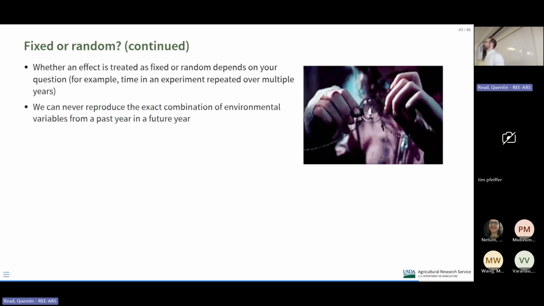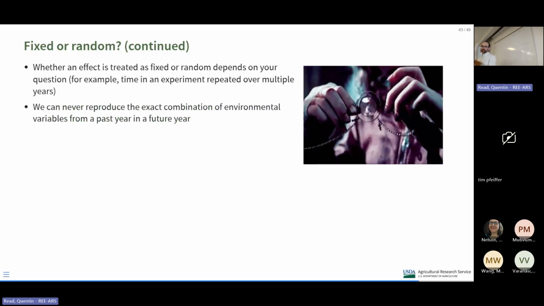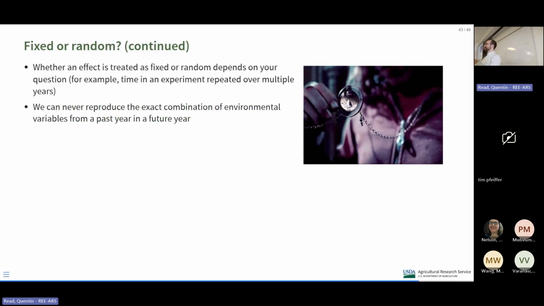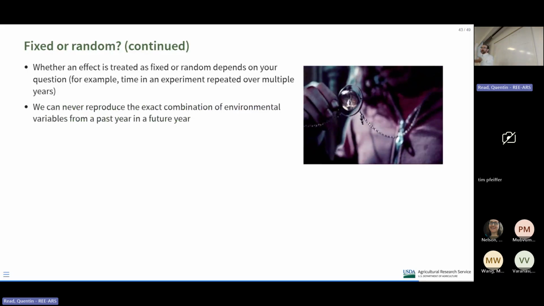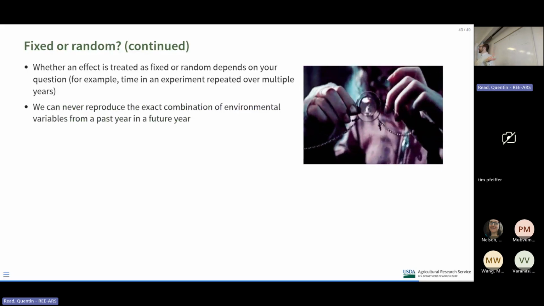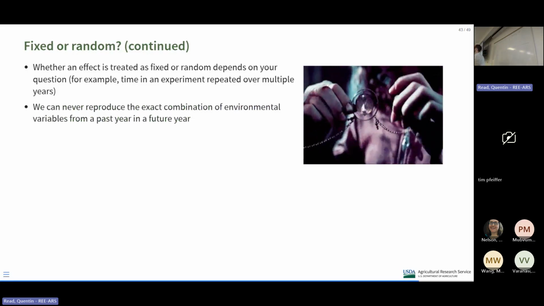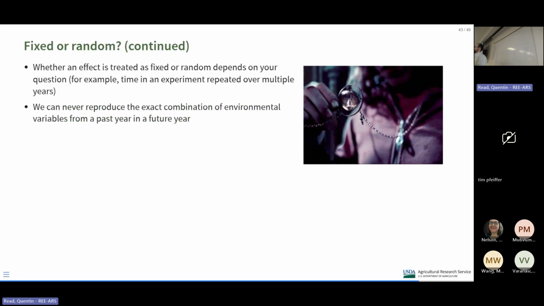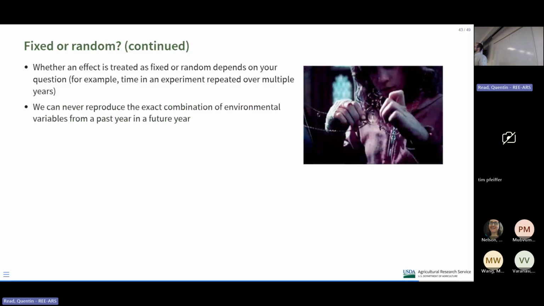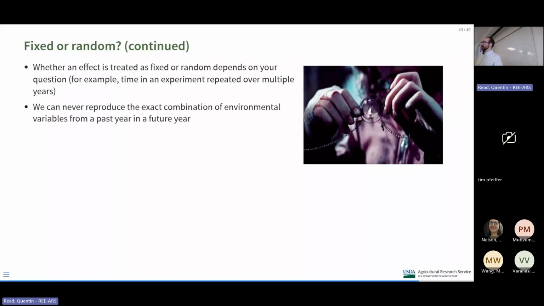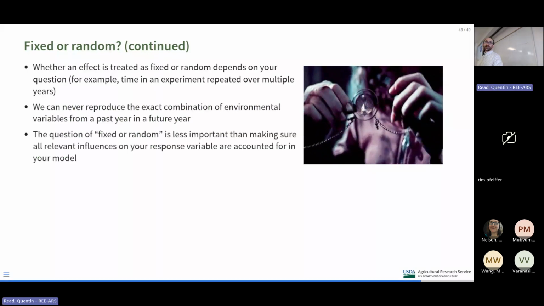But if you're just seeing time as a component of environmental variation that you're trying to account for, you're never going to be able to, if you did the experiment in 2024, you don't have a time turner and can't go back in time and ever exactly reproduce the exact environmental conditions that existed at that specific time and place in the world, even if you wanted to. So it's a one of a kind random effect there, right?